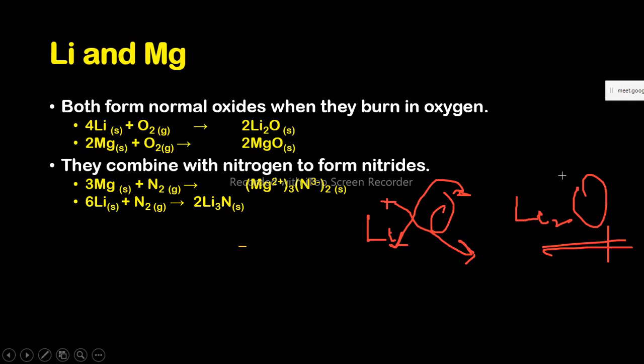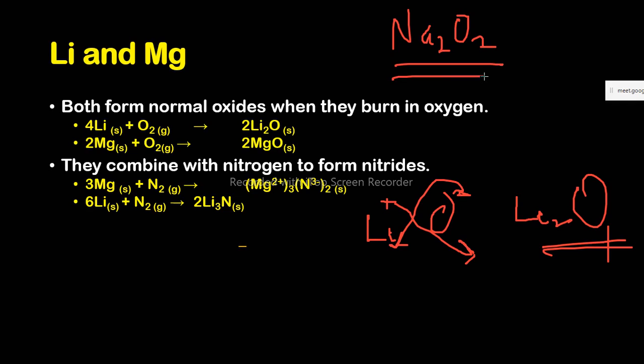This is a normal oxide; this is what is expected. But for peroxides, you form Na2O2. Can you imagine? Sodium with a 2 and oxygen with a 2. What is the valence of sodium in this case? Now for superoxides, you form KO2. Can you imagine? Have you ever seen this anywhere in your life?